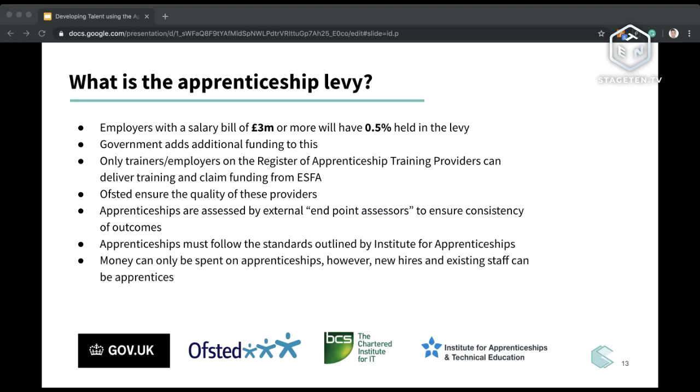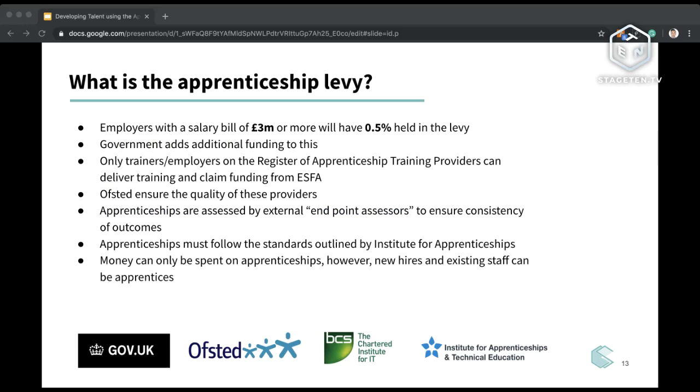For those of you who are not familiar with this levy, a quick overview. Employers with a salary bill of £3 million or more will have 0.5% held in the levy. The government will add additional funding to this, and only training providers on that register I already mentioned, the Register of Apprenticeship Training Providers, can deliver training and claim funding from the government.